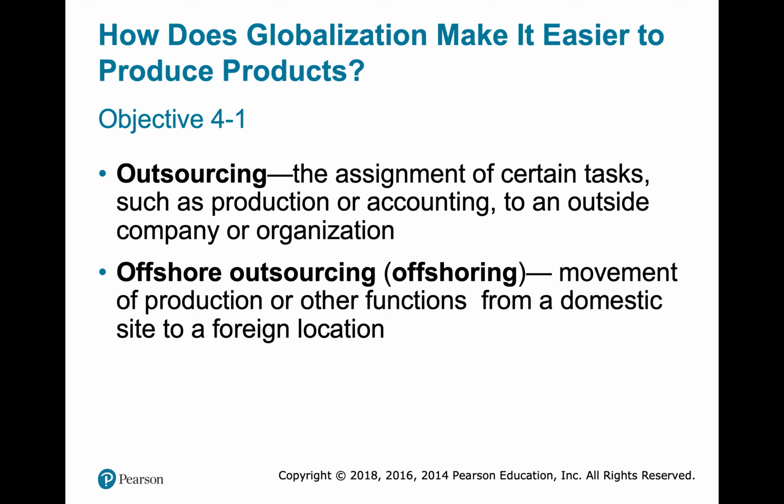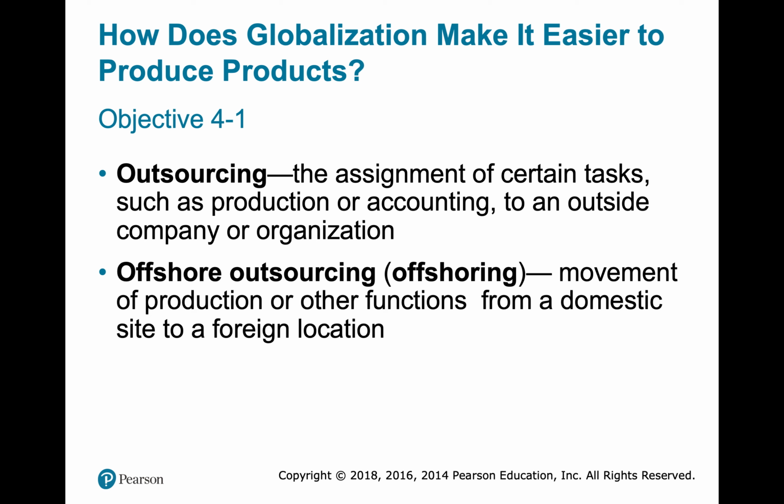They then decide to shut down the domestic facility. They give the employees at that facility an option to move to Mexico or to take a severance package and find another job. And then, a few months down the road, they're up and running again, but they're up and running now in a foreign country.